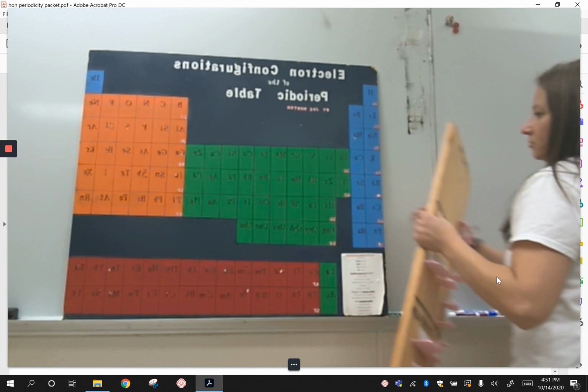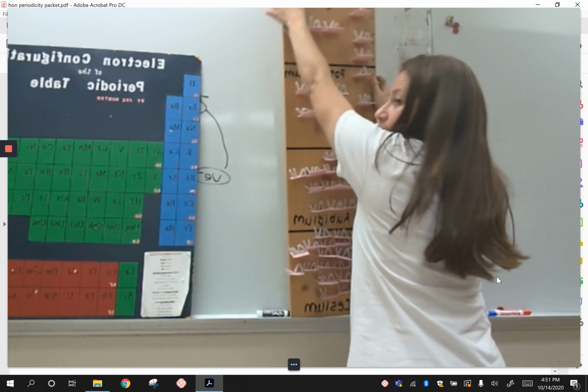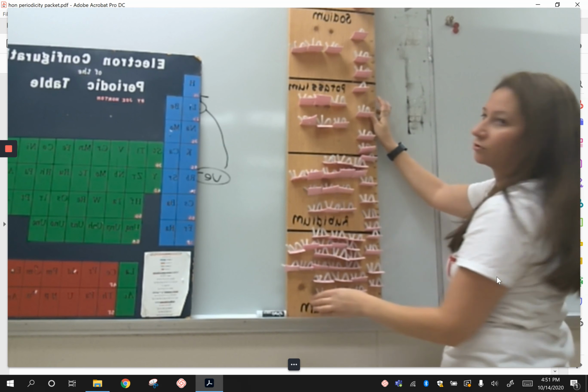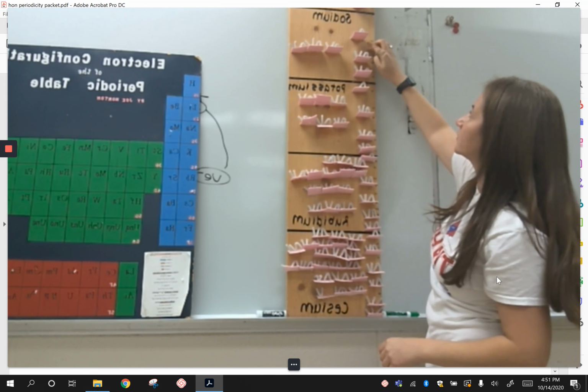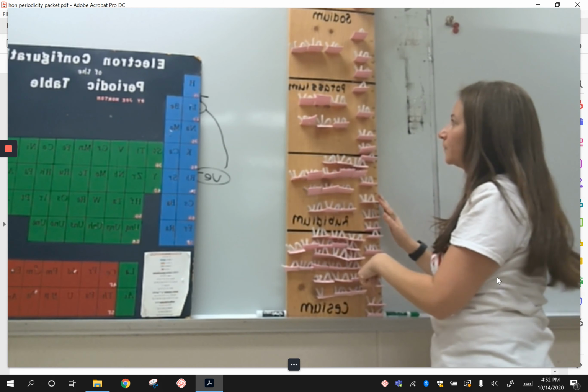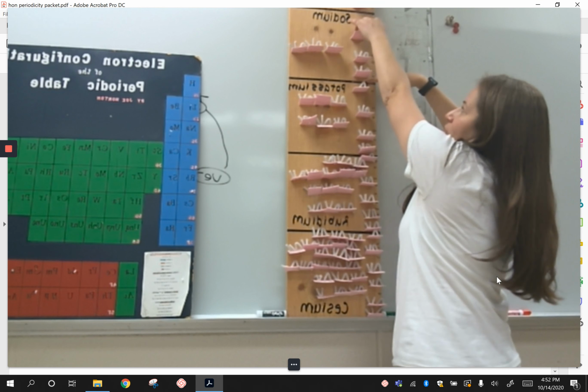Here is a visual. Hopefully you can see this on your screen. Looks like you can see sodium, potassium, rubidium, cesium. So down a group, the nucleus would be where the line is here, and then the valence electrons are here.